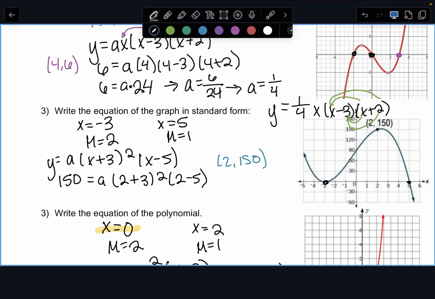I'm going to skip the simplifying down. If you simplify this, you would get a -75 over here. And you would divide, and you would get A is equal to -2, because it'd be 150 is equal to -75A. 150 divided by 75 is 2. So -2.